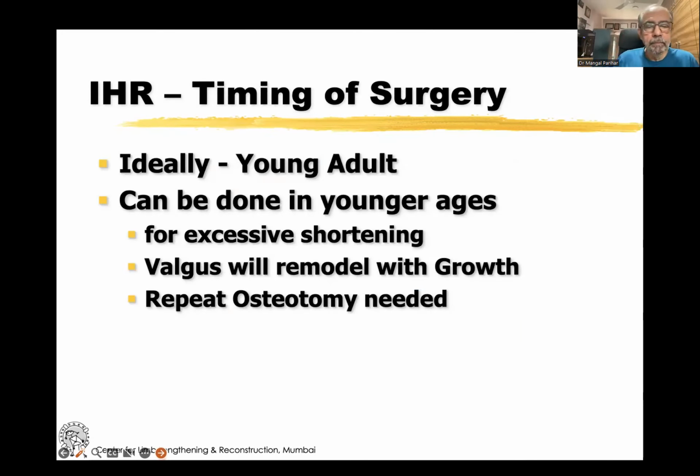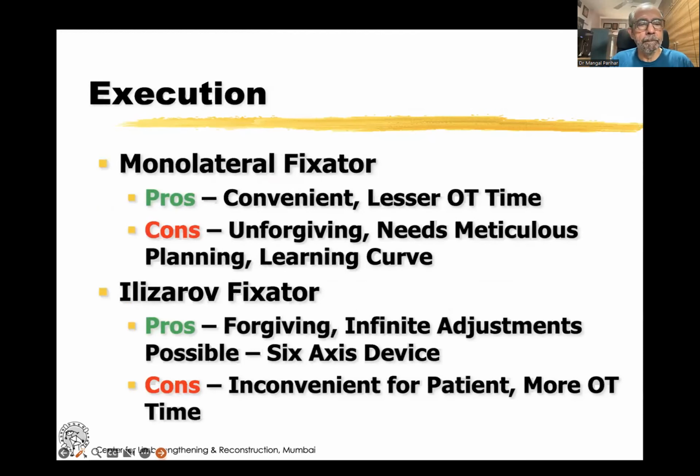And in them, for repeat osteotomies, we will counsel the patients about doing that. Now you can do it with an Ilizarov, which is how we used to do it earlier. Occasionally I will still do it when it's a really difficult case to plan, because it allows me any amount of adjustment, especially if I use tech support. But it's more inconvenient for the patient.